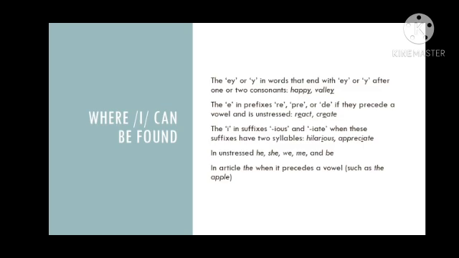And then the third, the i in suffixes like ious and iate when these suffixes have two syllables, such as "hilarious" and "appreciate". The next is in unstressed he, she, we, me, and be. And then the last, in the article "the" when it precedes a vowel, such as "the apple".